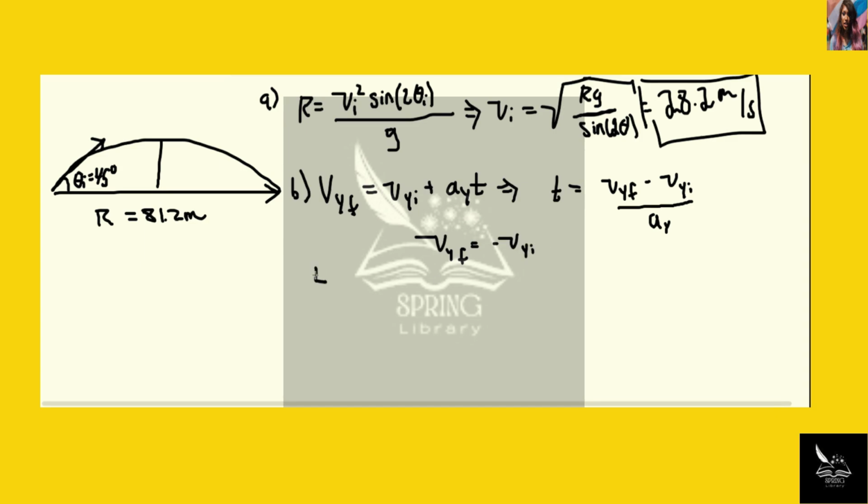Go ahead, keep building this here: t equals minus Vy initial divided by minus g, because gravity is pointing downward here. And when you do that, you will lose your negatives. You can combine like terms.